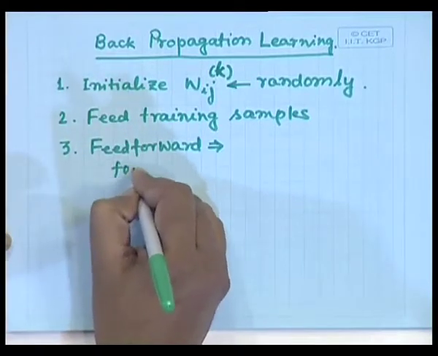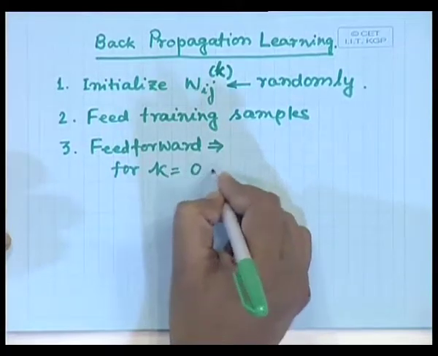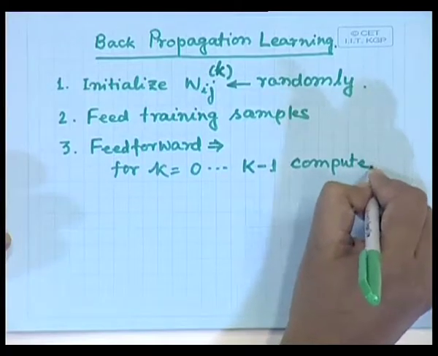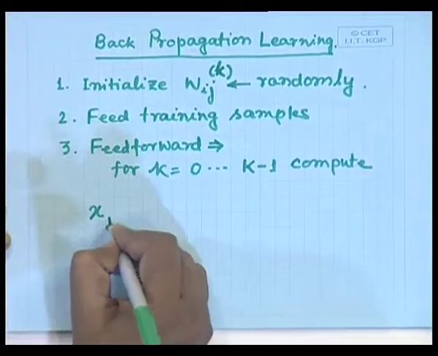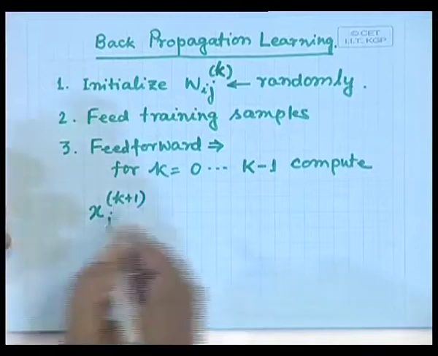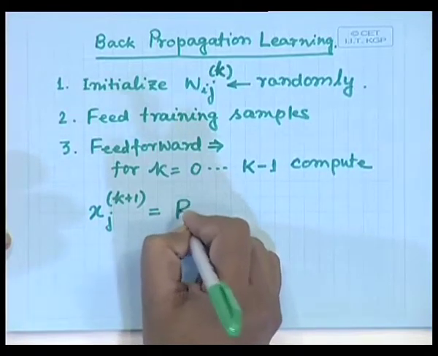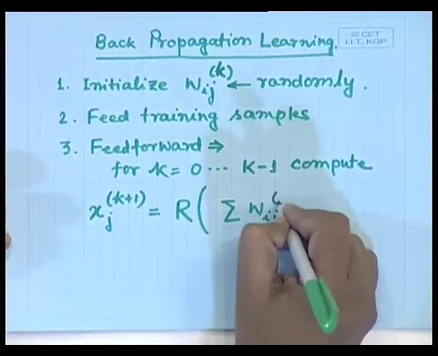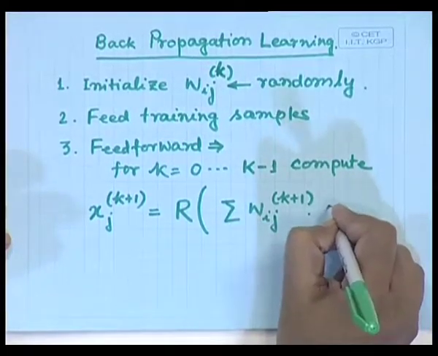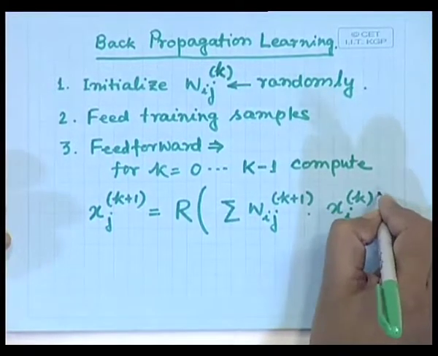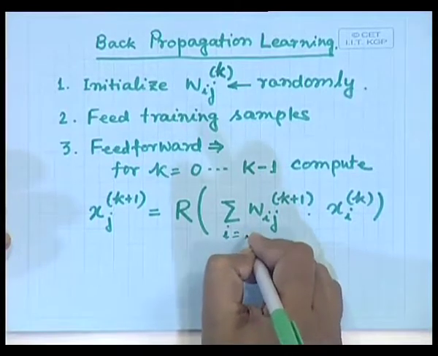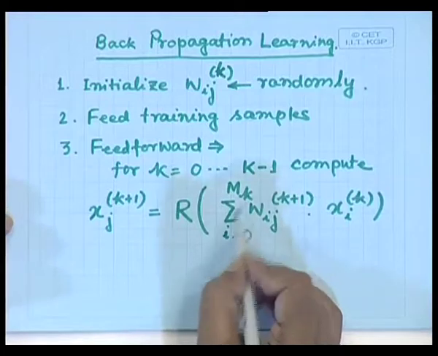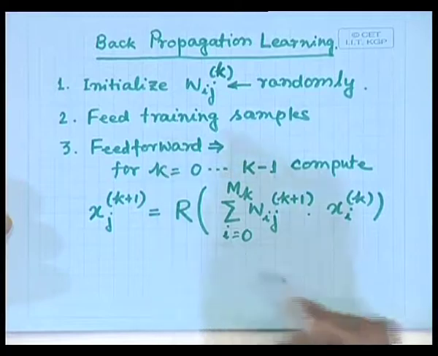So, for k equal to 0 to capital K minus 1, I have to compute x_j^(k+1), which is nothing but the nonlinear function of the sum of w_ij^(k+1) times x_i^k, where the summation is from i equal to 0 to m_k, where m_k is the number of nodes in the kth layer, because one of the nodes will be used to take care of the bias weight.